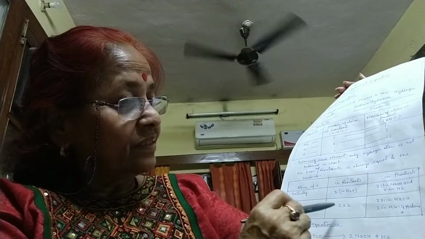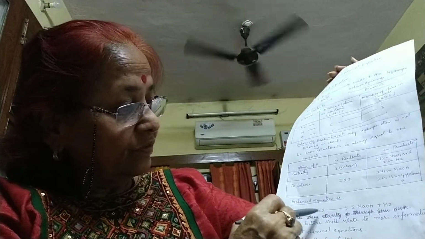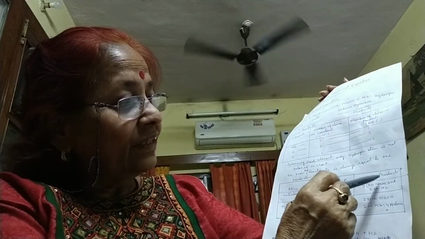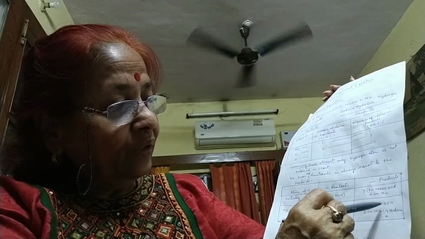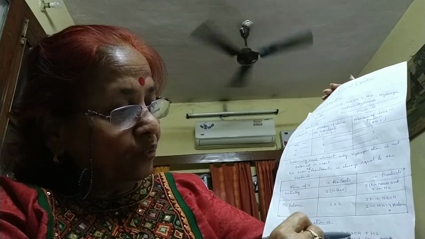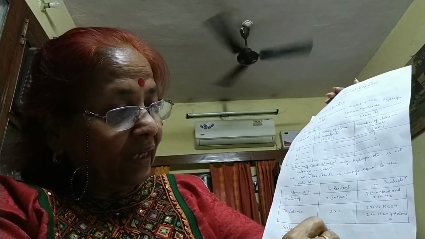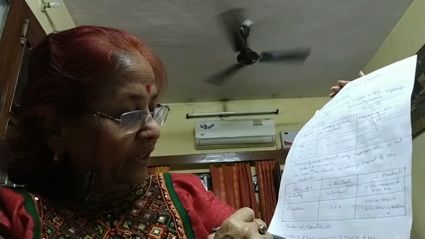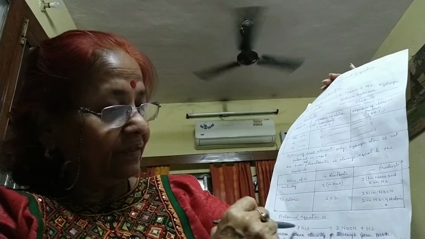Now, to balance, 2 into 2 is 4 hydrogen in the reactant and in the product. The 2 NaOH means 2 sodium, 2 oxygen and 2 hydrogen, and H2 is 2 hydrogen, making 4 hydrogen, 2 sodium and 2 oxygen. Here you see this is the balanced chemical equation.